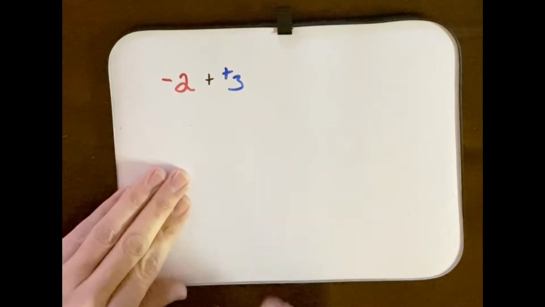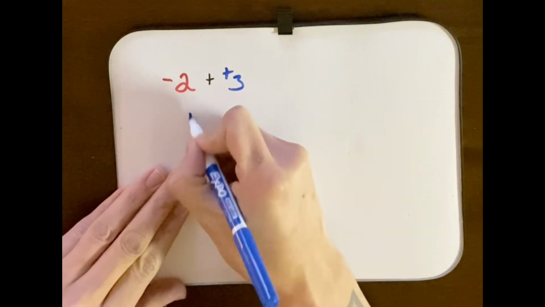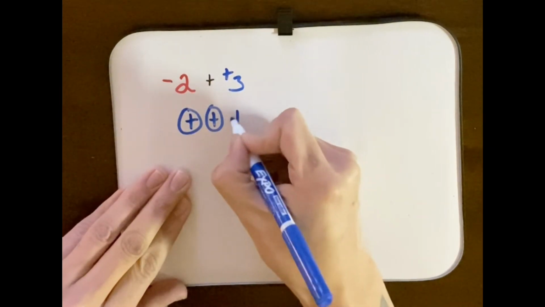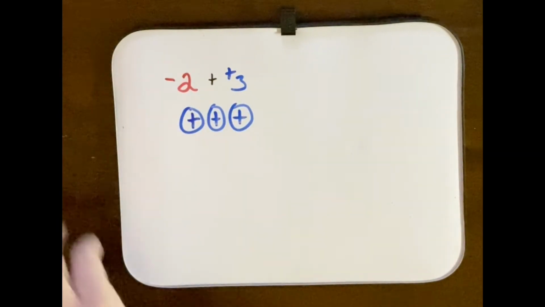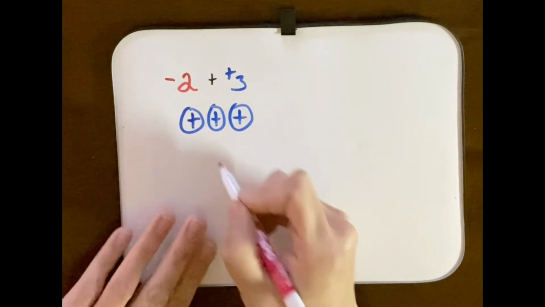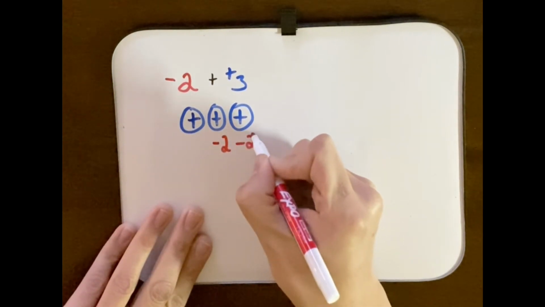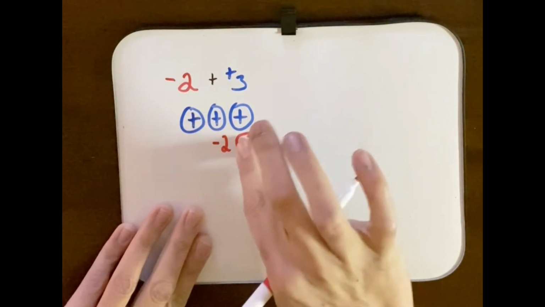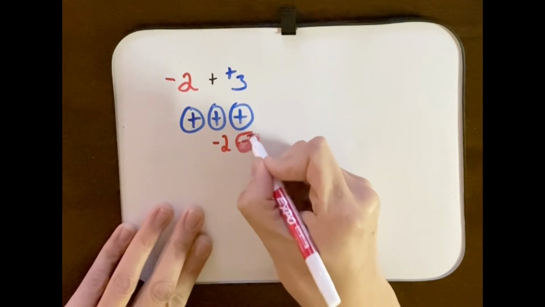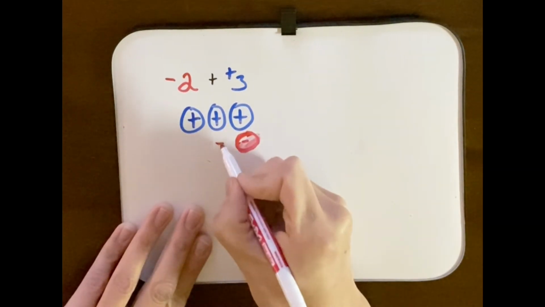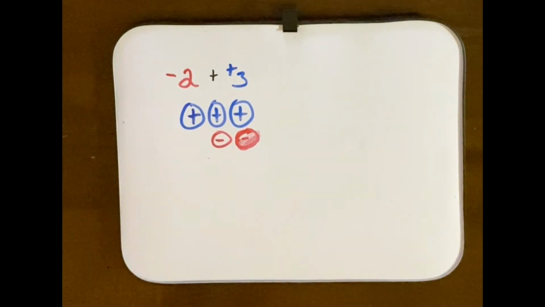So we're going to put 3 positives. And it's very simple when you do it this way. You'll take a look. And 2 negatives. And we're putting them together in a group. Oh, sorry. It's a negative. That's a negative, my bad. Anyways, we have 3 positives and 2 negatives.